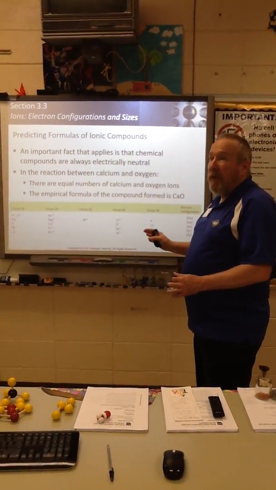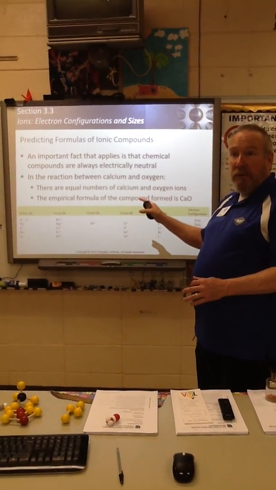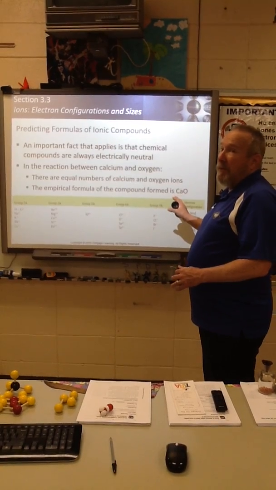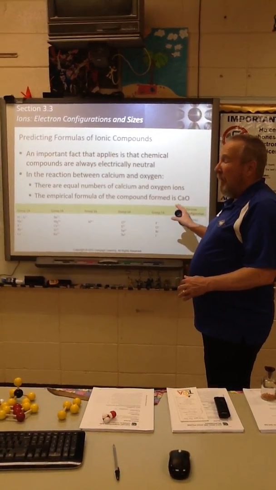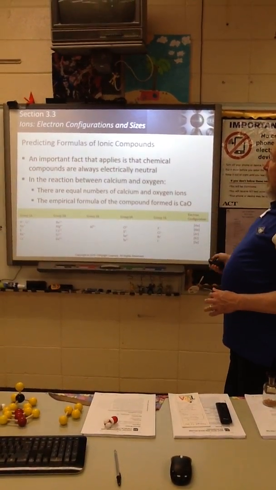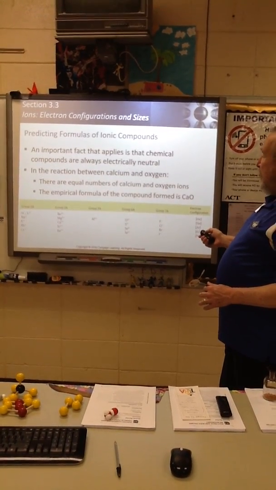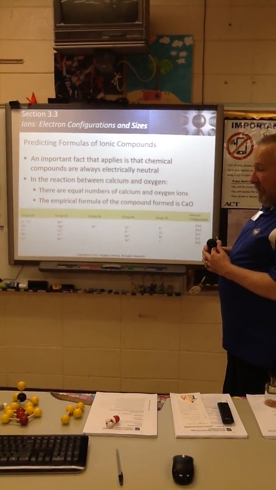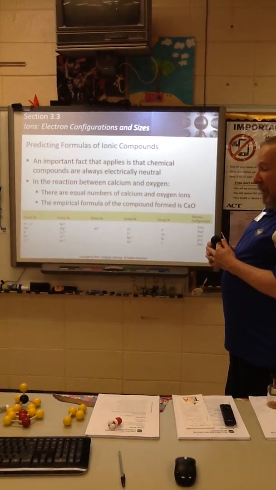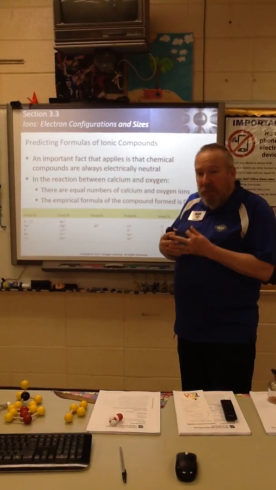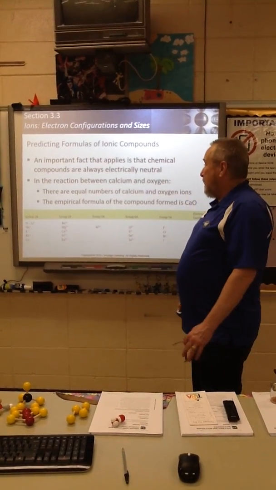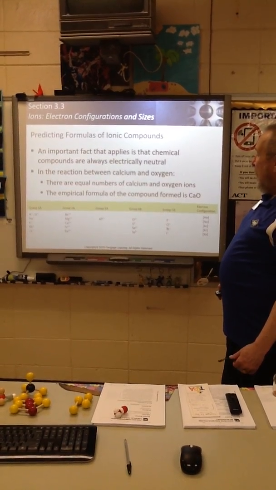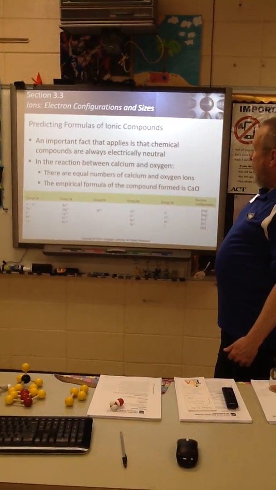If you're a group A metal, your charge is equal to your group number. And if you're a group A non-metal, the charge is equal to your group number minus 6. Then, the other thing I want you to know is that when you put these ions together to form an ionic compound, yes, you're dealing with lots of charges, but overall the molecule has to be neutral. So we need to balance our charges when we put these together to form a compound.